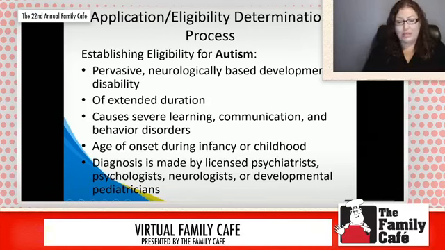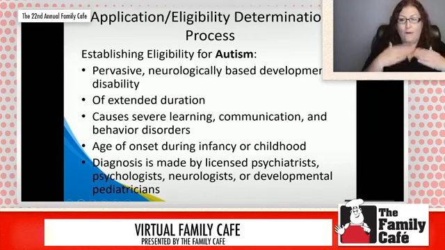They have stereotyped and repetitive use of language or idiosyncratic language. They have failure to develop peer relationships appropriate to developmental level, a lack of spontaneous seeking to share enjoyment or interests, inflexible adherence to specific routines or rituals, and repetitive motor mannerisms such as finger flapping or complex whole body movements.